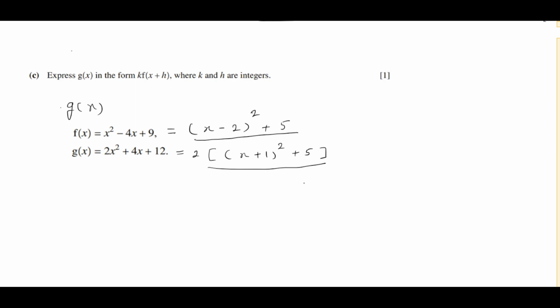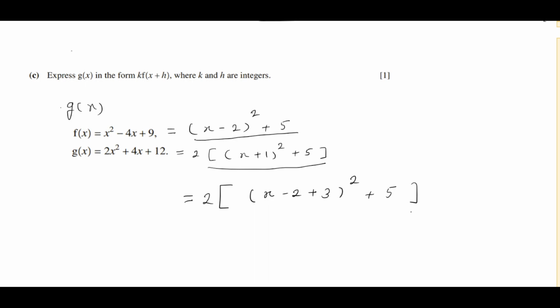So what we can do? We can write this as g(x). I am writing g(x). g(x) is 2 times, now this x plus 1 can also be written as x minus 2 plus 3. Yes or no? So this whole square, then plus 5.